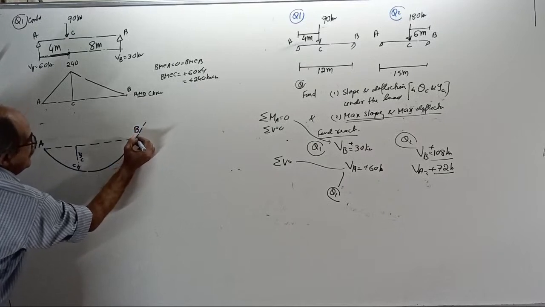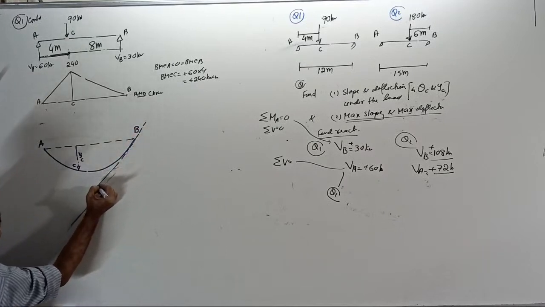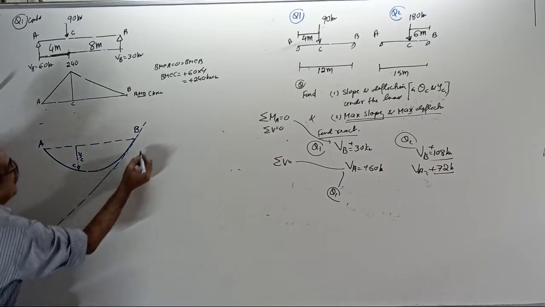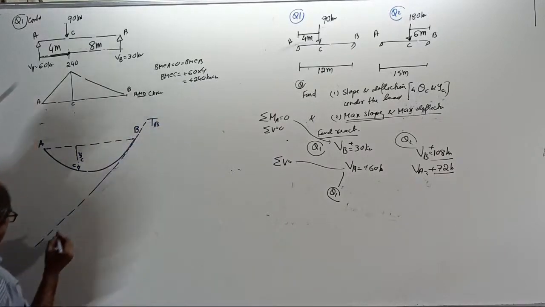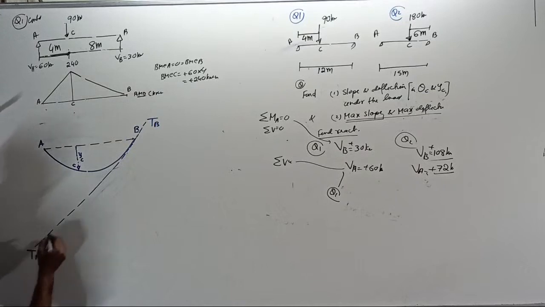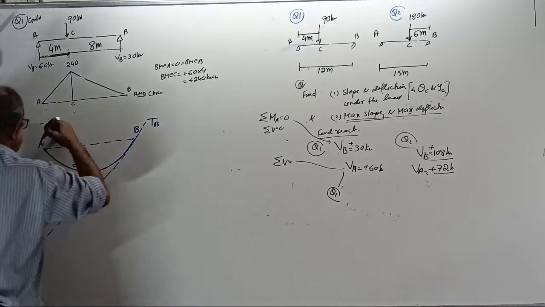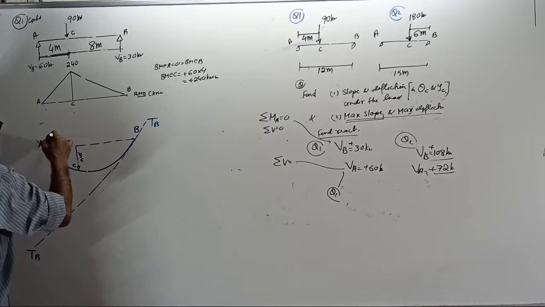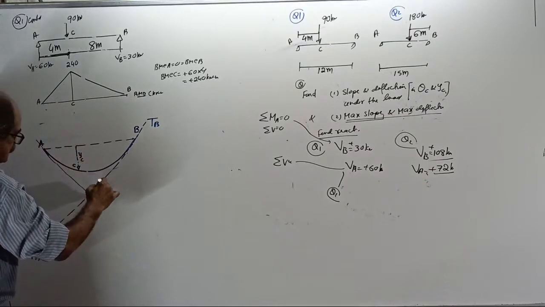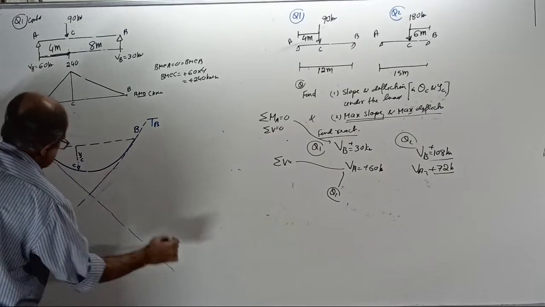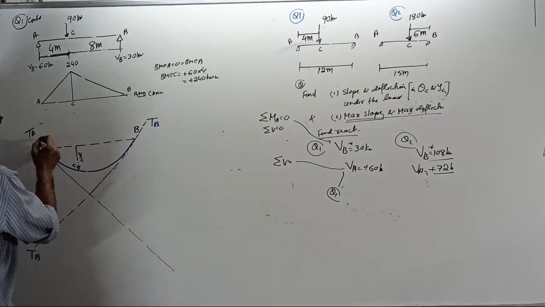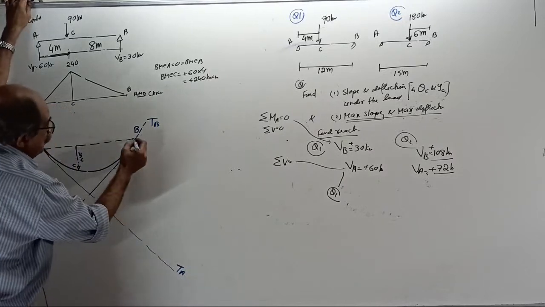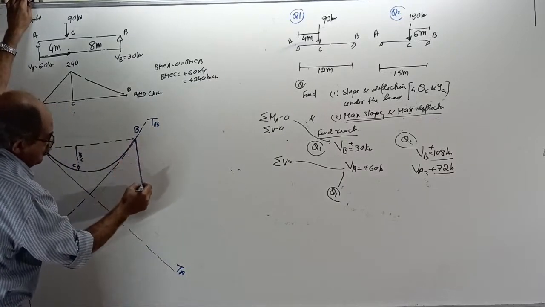Okay. Tangent at B, extend it up to here. Remember, this is tangent at B, this also tangent at B. Then, draw tangent at A. This is tangent at A, this also tangent at A. I told you, find what is this value.